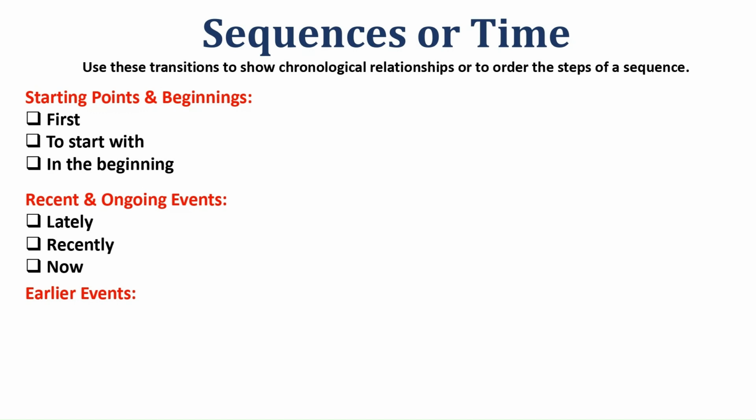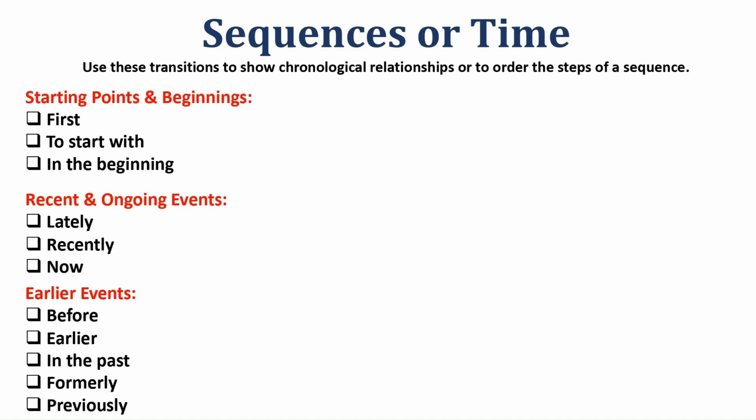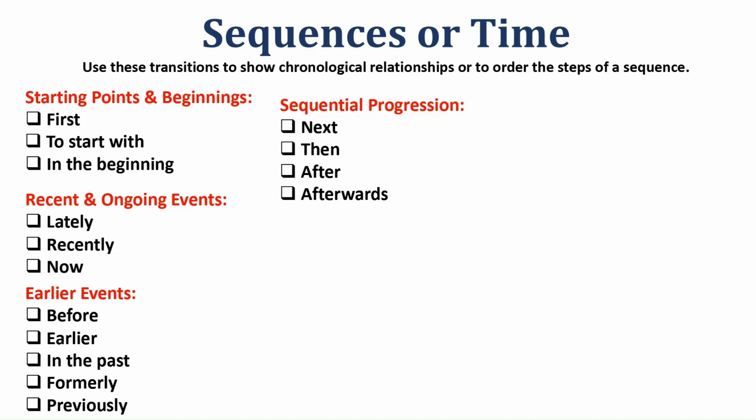Earlier events: before, earlier, in the past, formerly, previously. Sequential progression: next, then, after, afterwards, following, subsequently, thereafter.